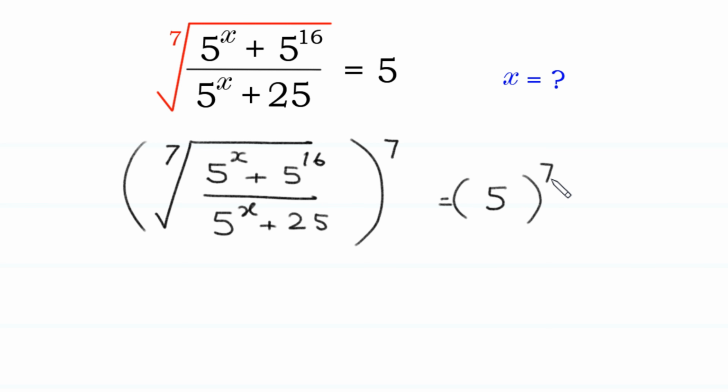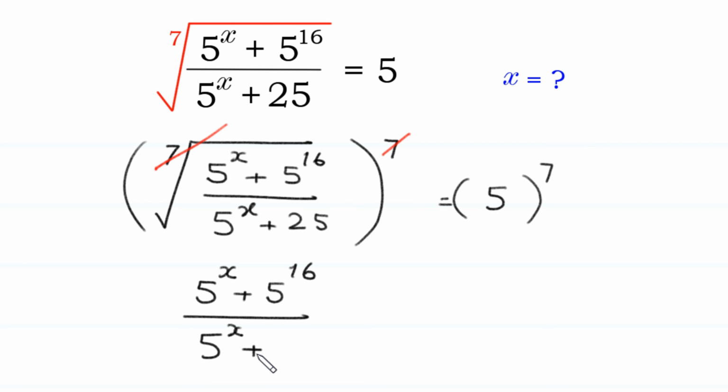Now this power 7 will be cancelled with this 7th root, and on the left side we are left with 5^x + 5^16 divided by 5^x + 25, and we can write this 25 as 5 squared, is equal to 5^7.